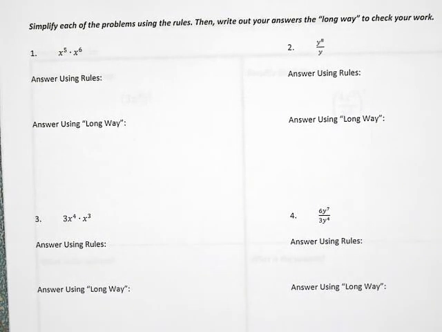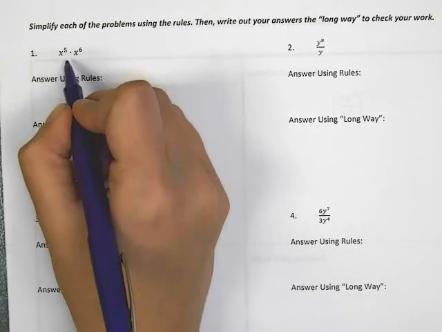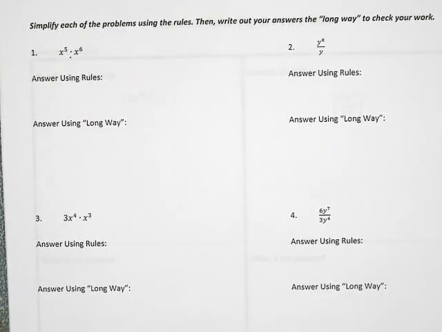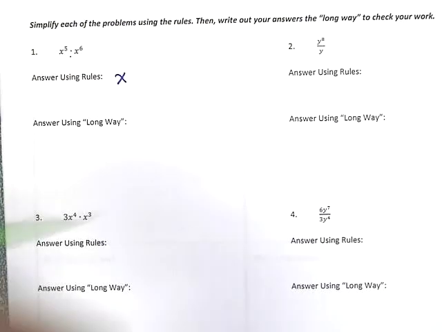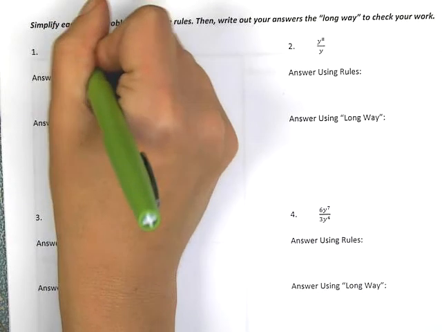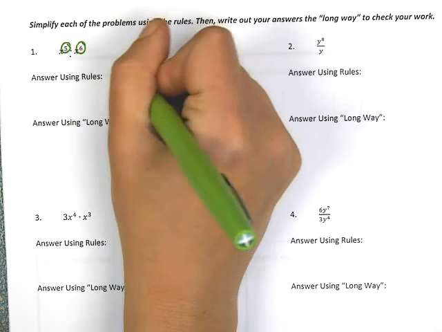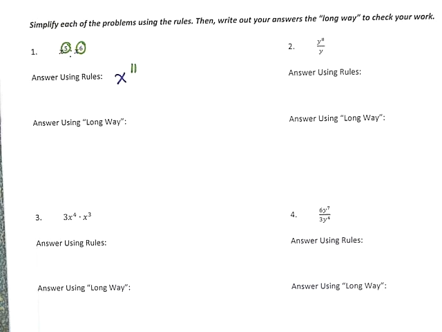So according to my rules, when I saw problem number 1, I would think, well, I have a multiplication problem and I have two terms or 2 factors of that multiplication problem that have the same base. So my answer would be the same base, and then I would just add the exponents together. 5 plus 6 would be 11. And that would be my answer.